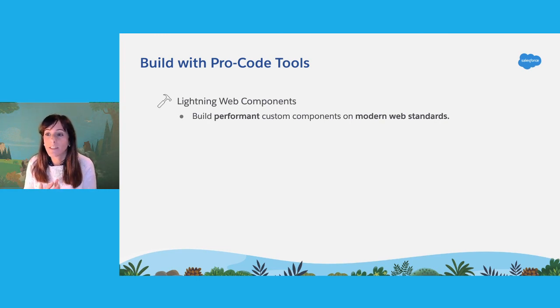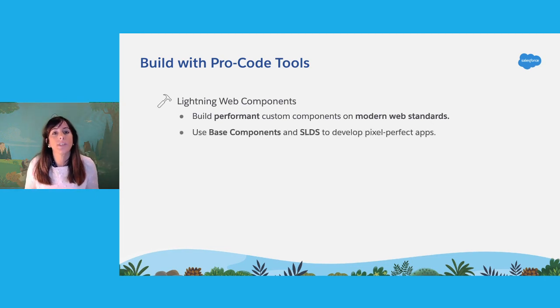This is super important to understand, because if you learn Lightning Web Components, you are going to increase and improve your skills in web development with all the newest standards. And also, if you need to hire someone, it's going to be much easier to find someone who knows JavaScript than someone who knows Visualforce, for example.